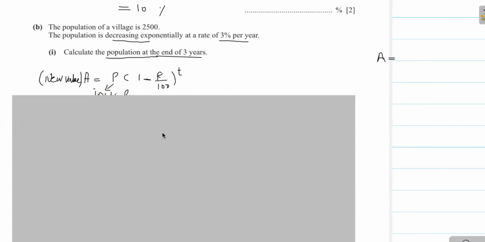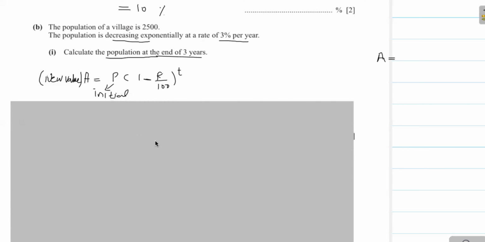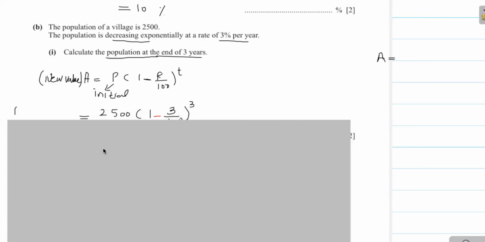We will use this formula to calculate the population after 3 years. Look here, the initial value is 2,500. Rate is 3%, we will write 3. And T is the time. We will write the T value here as 3.